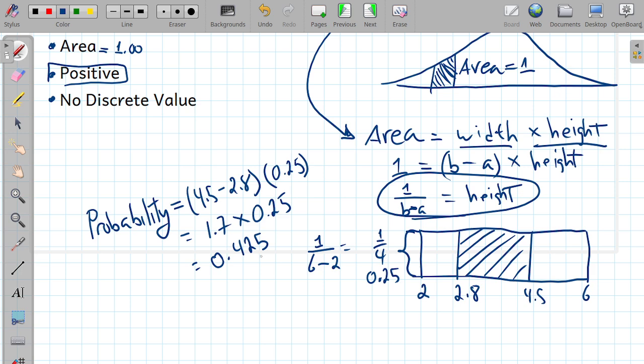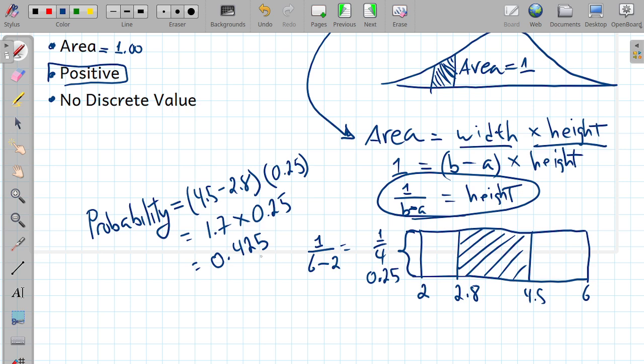So that's the probability. If the question is asking, what's the probability that some randomly selected value that follows a continuous uniform distribution lands between 4.5 and 2.8? Well, that means it's 0.425, or a 42.5% chance of that happening.